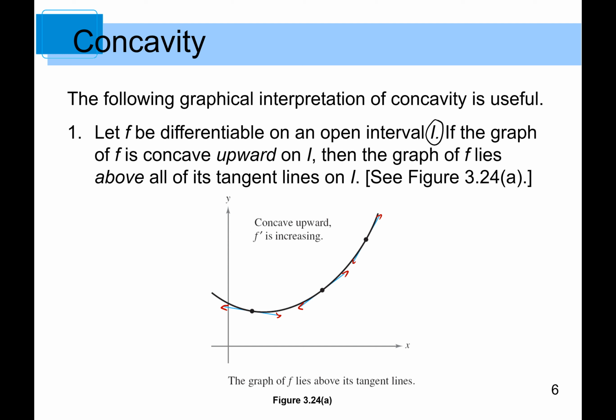If you look at the values, we start with a negative value, it becomes positive, becomes bigger positive values. So the slope of the tangent line is increasing in this case.